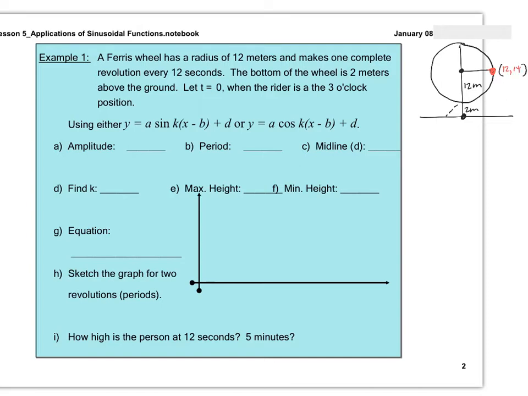Why 14? Because we have 12 plus 2. So the coordinate at the 3 o'clock position is 12, 14, and that's going to be the starting position of the ride.